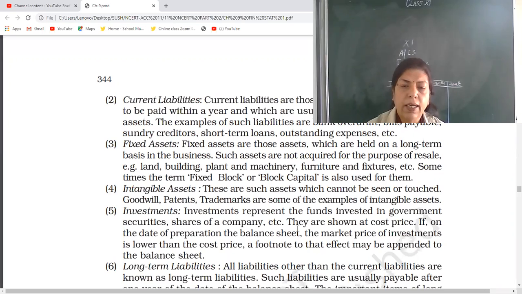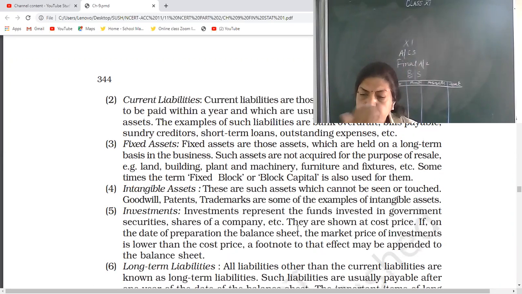Intangible assets are those assets which cannot be seen or touched. Goodwill, patent, trademark are some examples of intangible assets. Those assets which we can see or touch, like cell phone, vehicle, furniture, are tangible. But those assets which we cannot see or touch, goodwill, patent, copyright, trademark, are also assets.